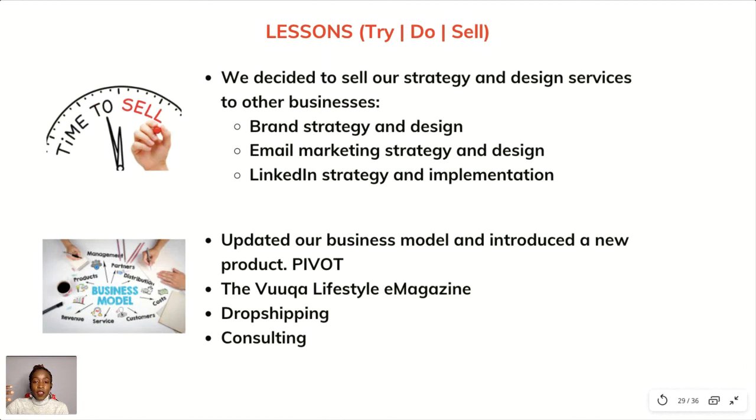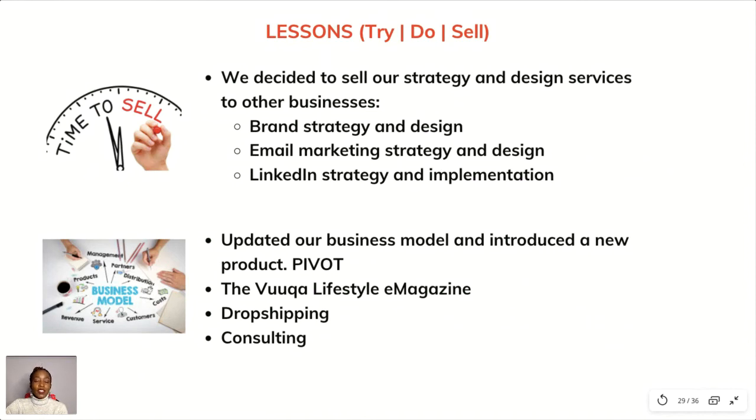These are things that we're very strong at in Vuuqa, and we're able to provide to other businesses, and have actually created a whole entire stream within our digital transformation pillar. We updated our business model, and now we no longer keep the product, so we don't have to pay for a warehouse. We implemented drop shipping, and we have consulting.